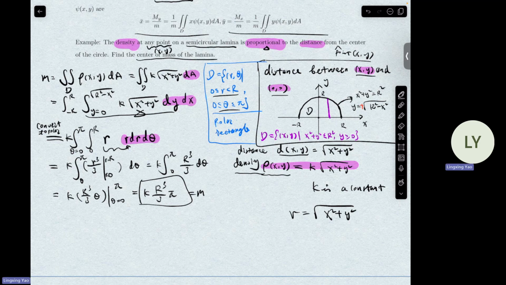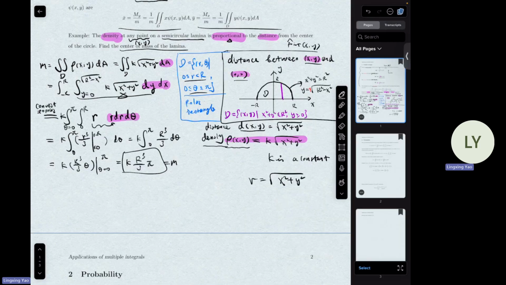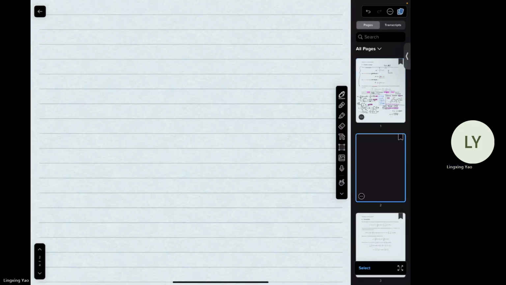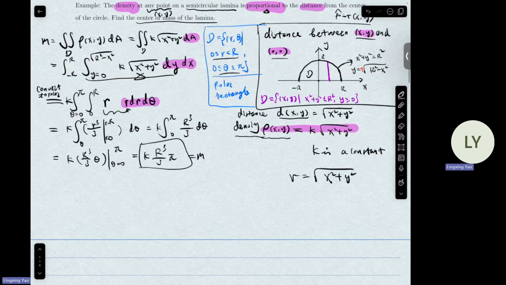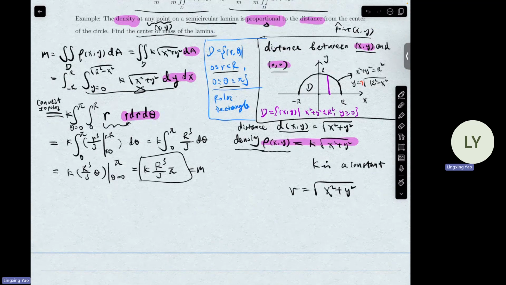Okay, so this looks much better, right? Compared to the double integral formulated in Cartesian coordinates.